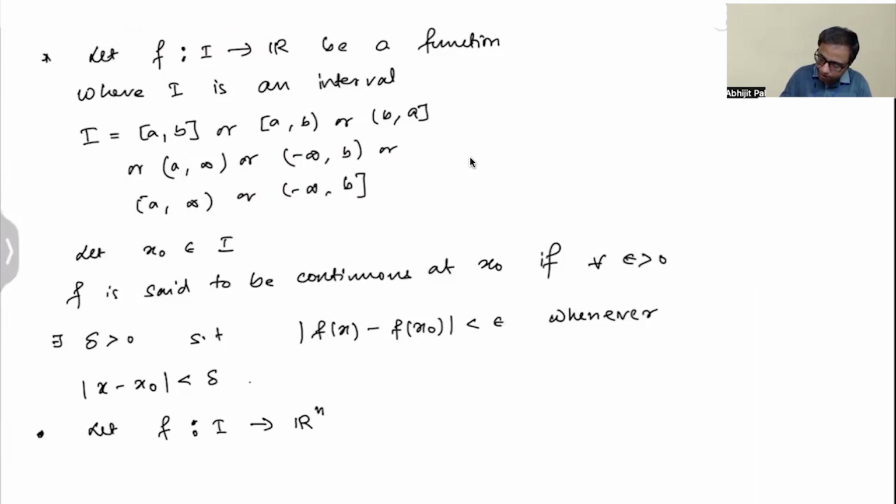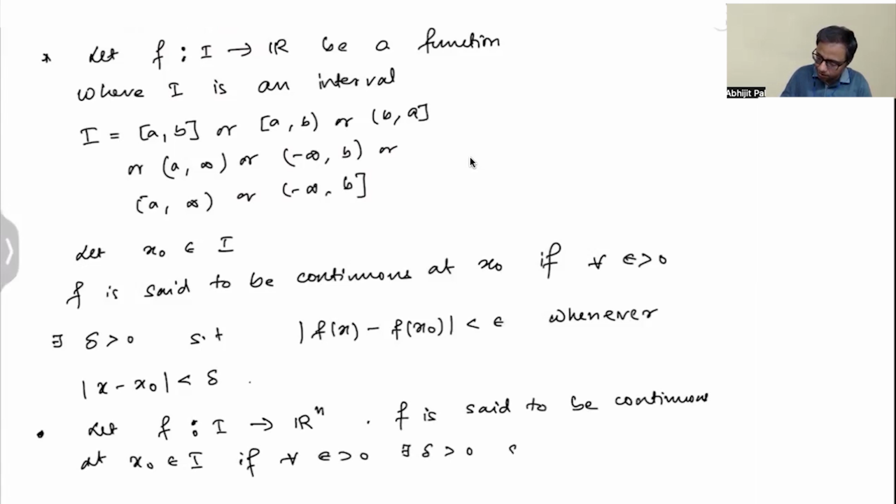So f is said to be continuous at x naught belonging to I, if again for all epsilon greater than 0, there exists delta greater than 0, such that now in place of mod, you replace it by norm.